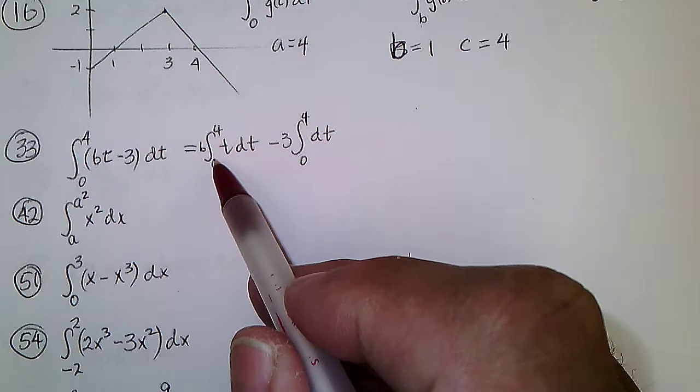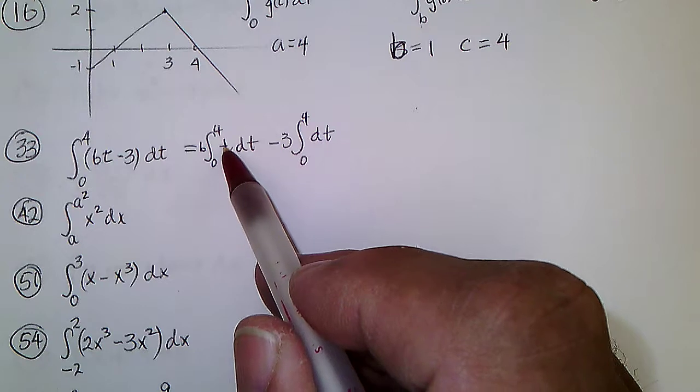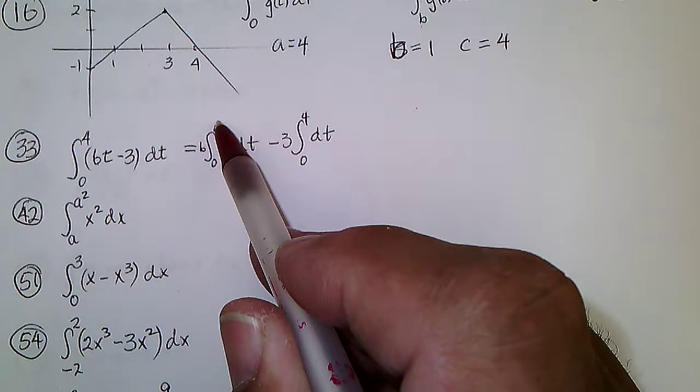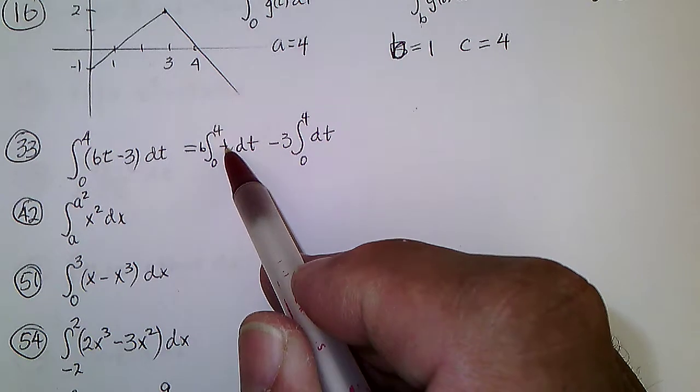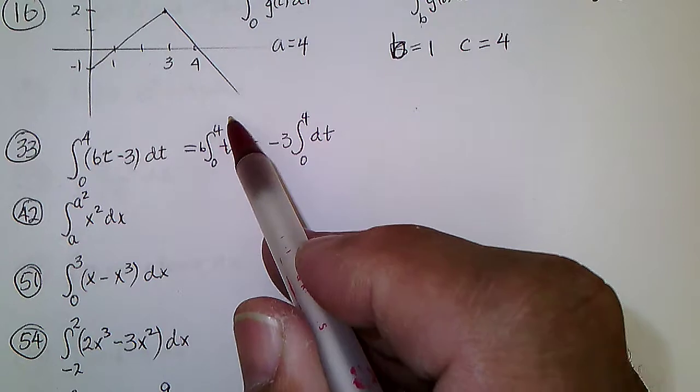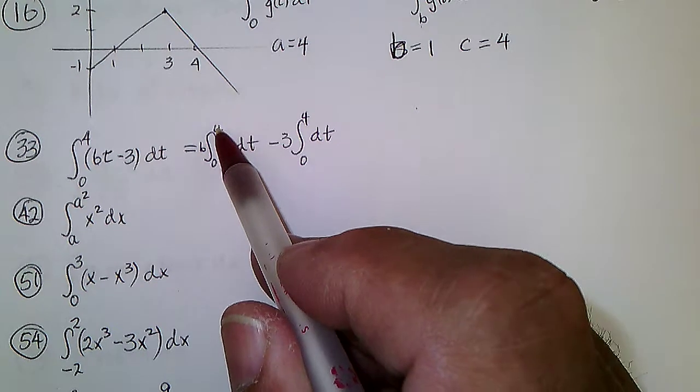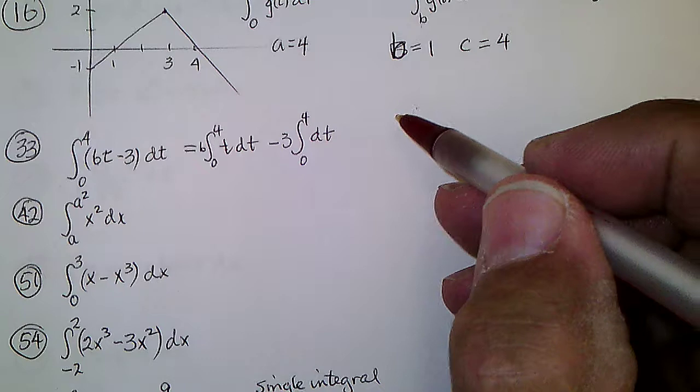And at this point, the rule says the integral of t is 1/2 t squared. So 4 squared over 2.